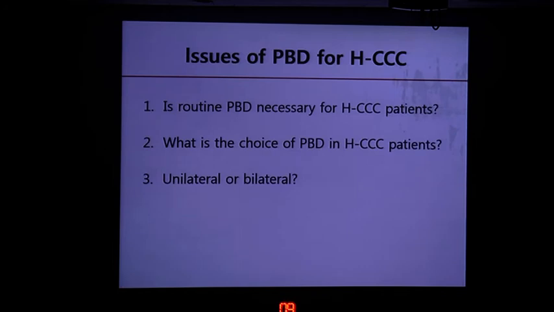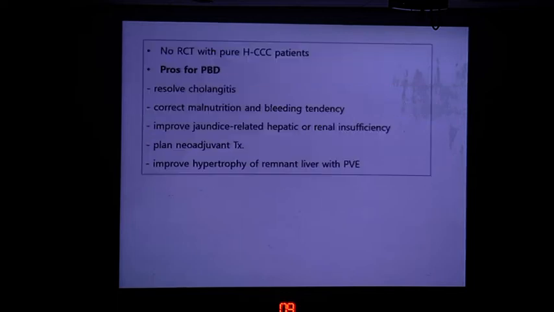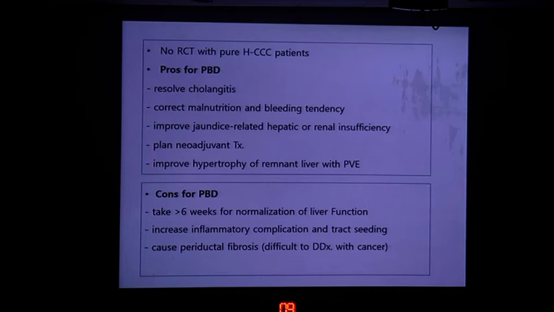So I will briefly introduce 3 issues. Is routine PTBD necessary, what is the choice of PBD, and unilateral or bilateral? So as you know, PBD has some good things and also has bad things. If you see, the disadvantage of PBD is like this.